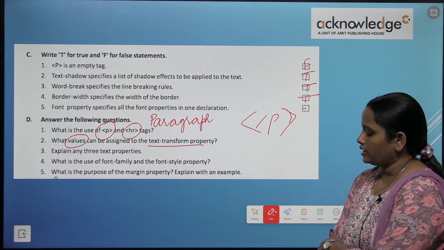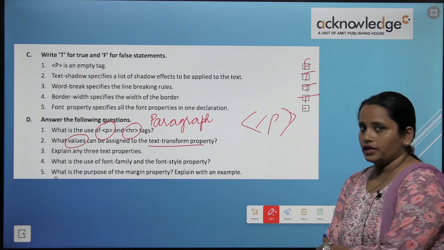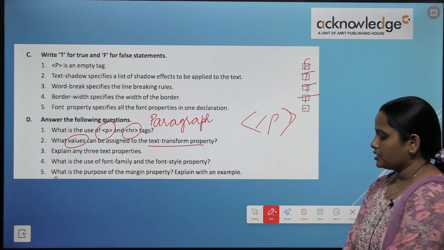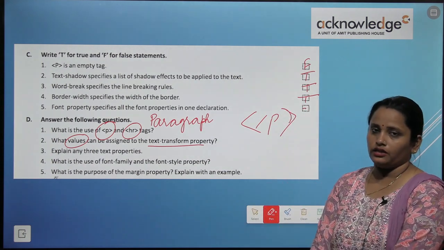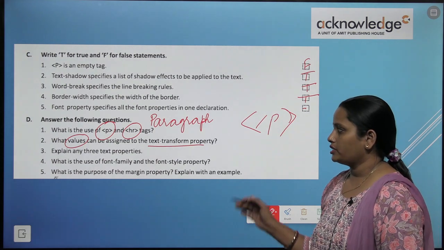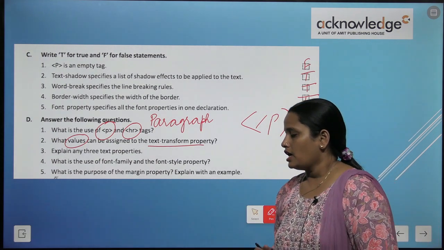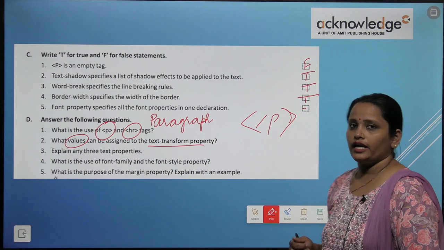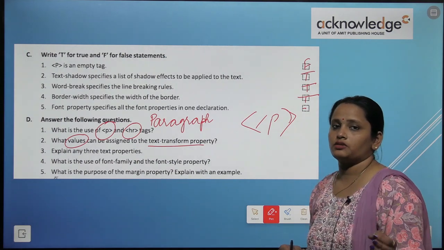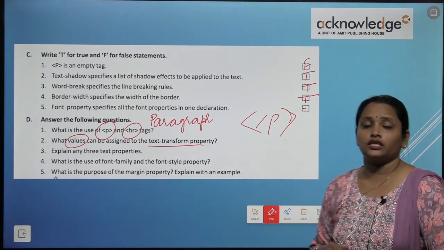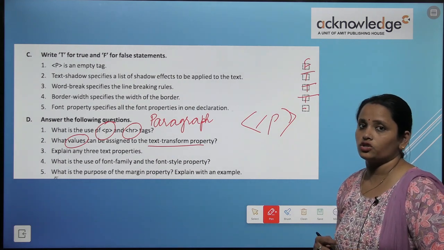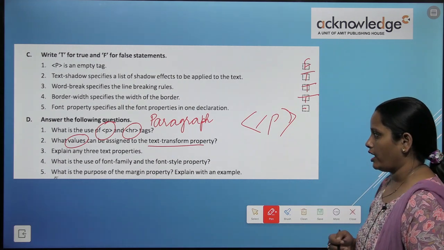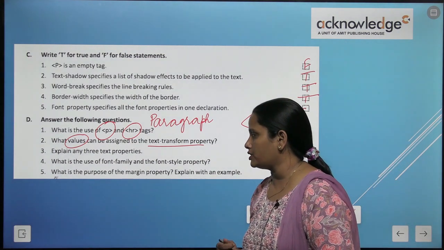So the three text properties are color, highlight and text align. With the use of color, we can change the color of the text. Next is highlight. By using the highlight feature, we can highlight specific points. And by using the text align feature, we can align the text to the left, right, center or justify. So these are the three text properties.